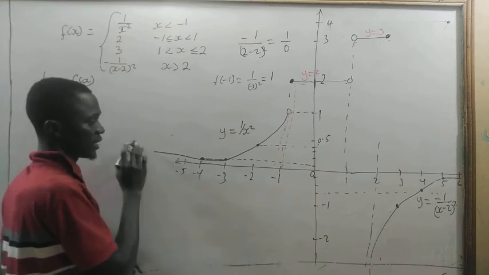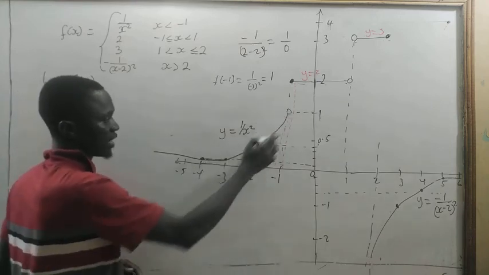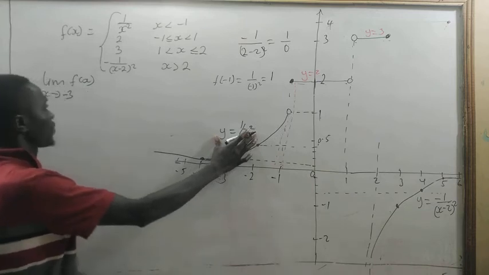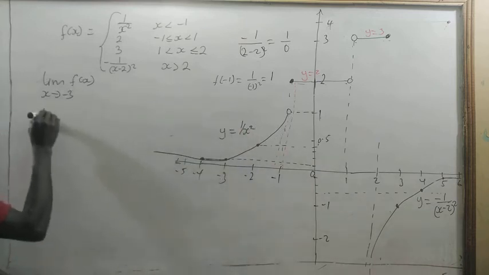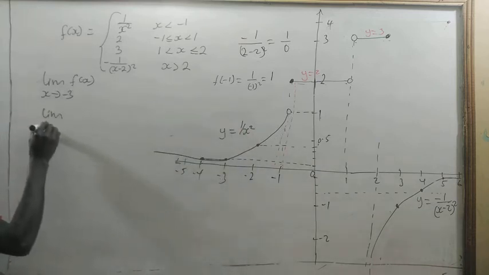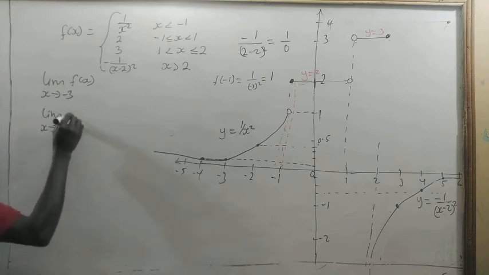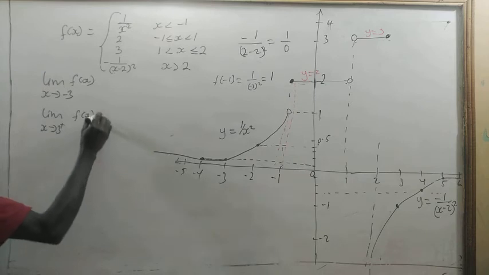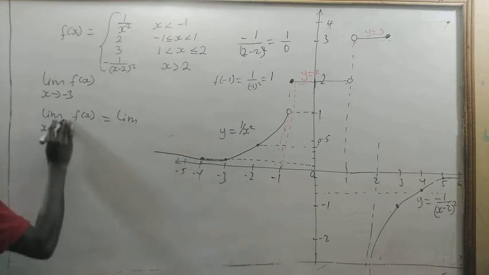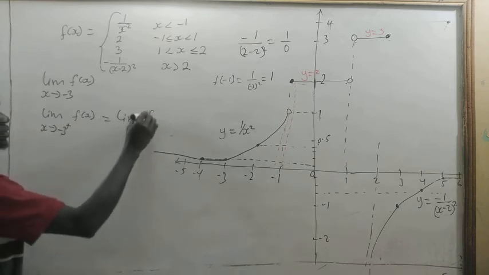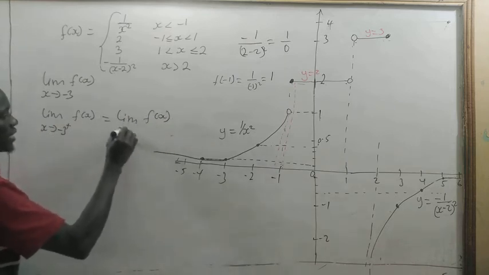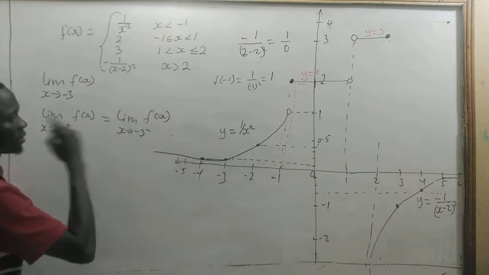And you see that the left hand side limit and the right hand side limit are defined by the same function. So here, the limit as x approaches -3 from the right of f of x is equal to the limit of f of x as x approaches -3 from the left.